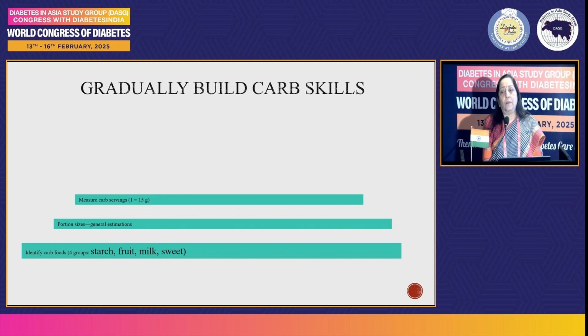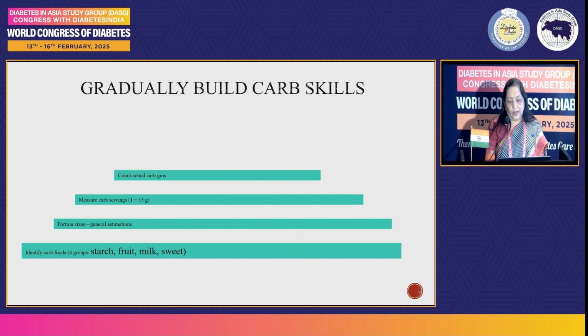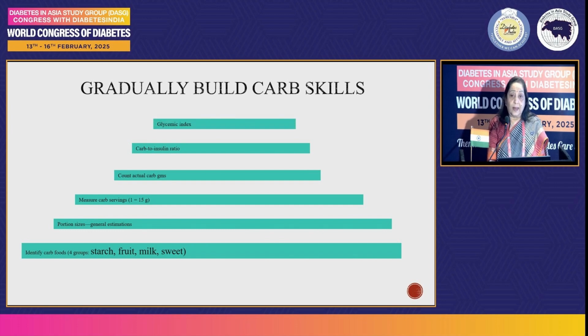Now measuring the carbohydrate servings: one serving is equal to 15 grams of carbohydrates, and count the actual carbohydrates. Nowadays, there are so many packaged foods available in the market, as Kavita said earlier. They contain fat and protein, so you must teach the patient how much actual carbohydrate to count, the carbohydrate to insulin ratio, and the glycemic index and glycemic load in our diabetic food.